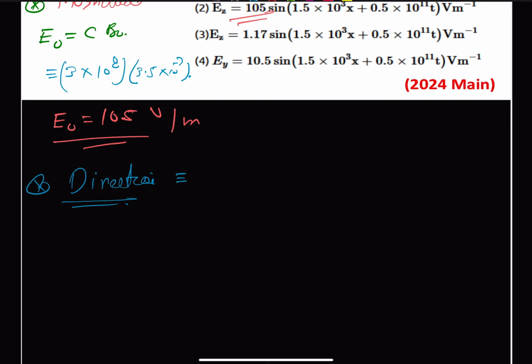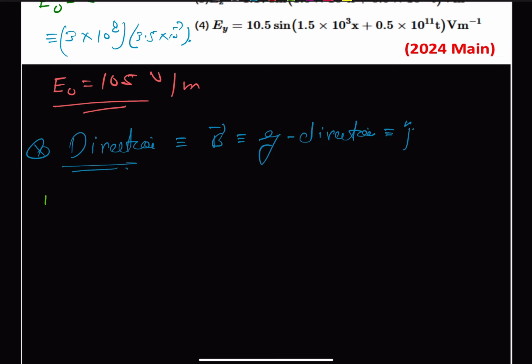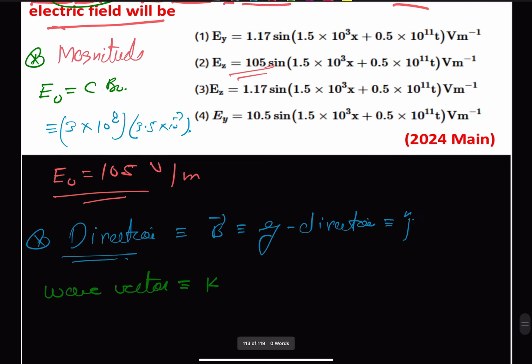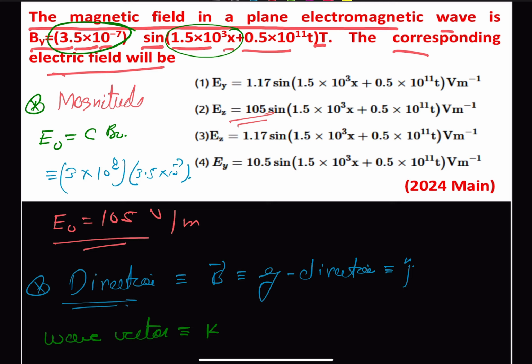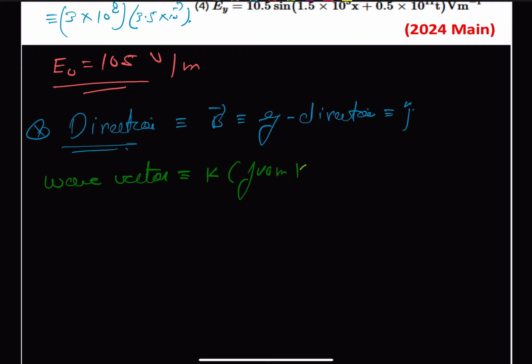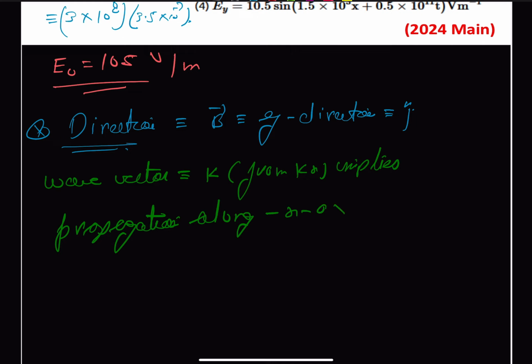So we know that our B vector is in the y direction, or we can also say it as a j unit vector, and our wave vector k is in the form of kx. So from kx we can say it implies propagation along the minus x axis.